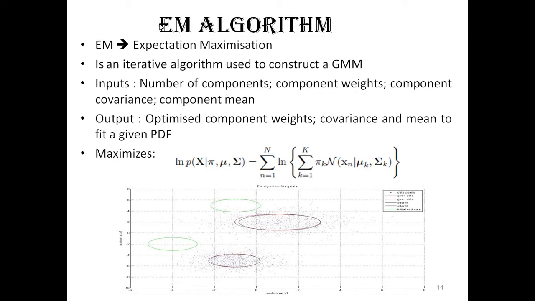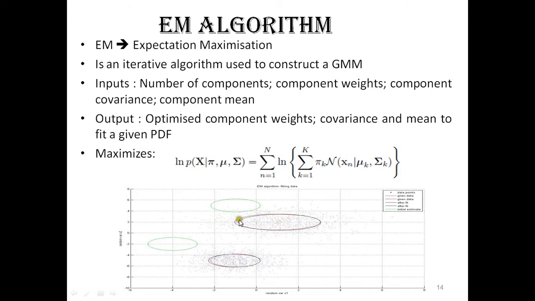So the diagram below illustrates how this actually works. We have a scattered set of data points as shown by this region and this region. So the EM algorithm takes these data points and an initial vector of weights and covariance and mean vectors and provides us with this Gaussian approximation for this data set.